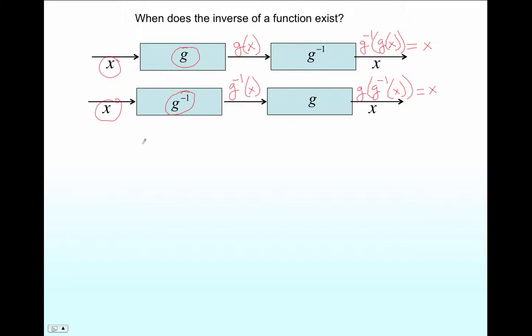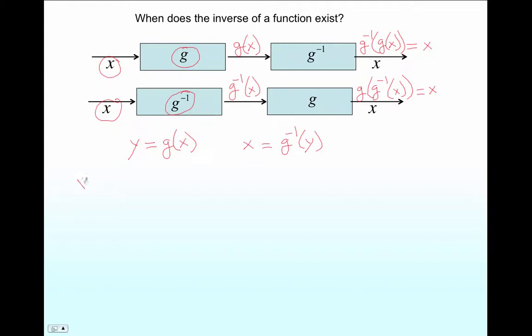Now let me use a shorthand notation and write y is equal to g of x. In other words, when the input x is given, the output y is generated. Well, if the inverse exists, then x can be written as g inverse of y. So given y, x is determined.